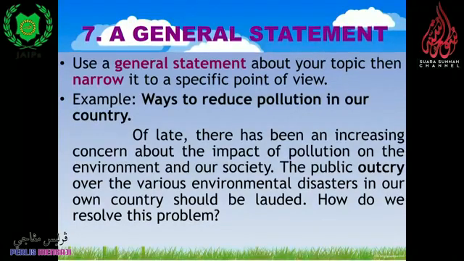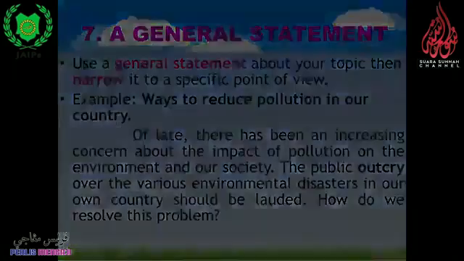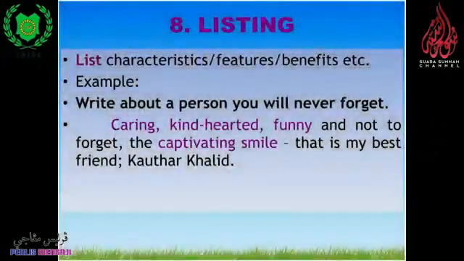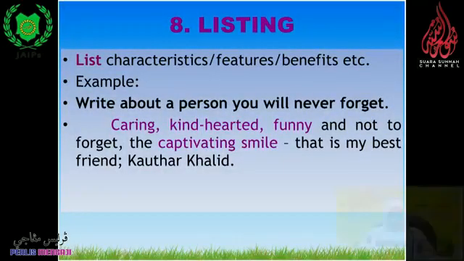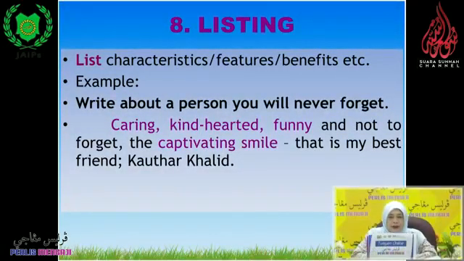Okay, that's 7. Now, number 8 is listing. You list characteristics, features, benefits, etc. For example, write about a person you will never forget. Caring, kind-hearted, funny, and not to forget the captivating smile. That is my best friend, Kauthar Khalid.